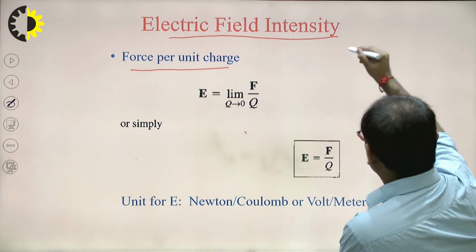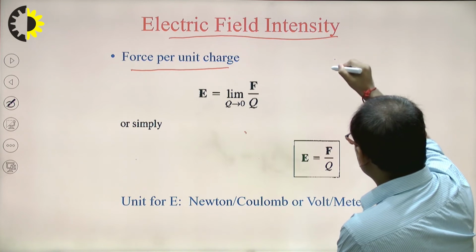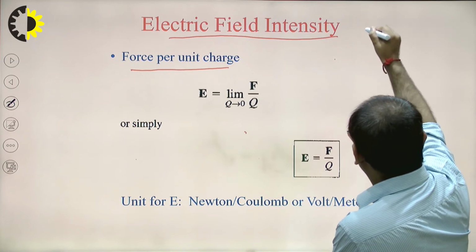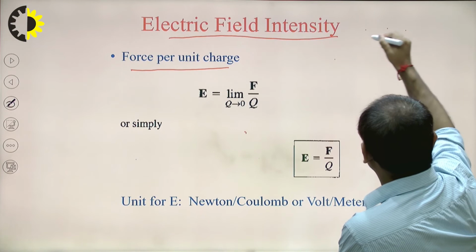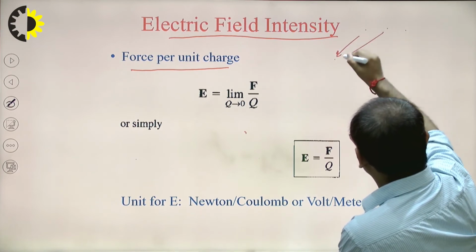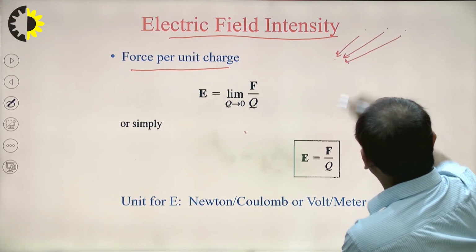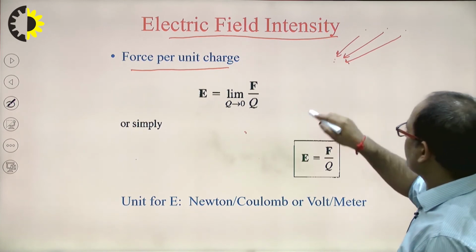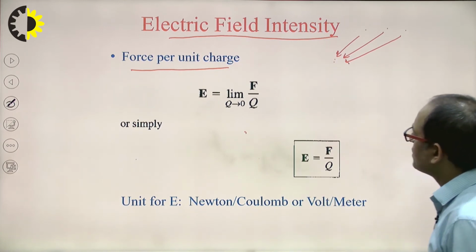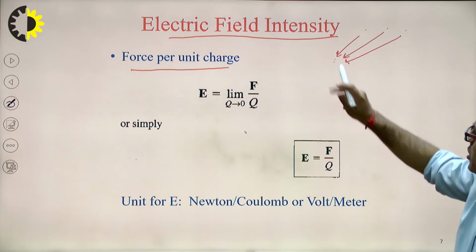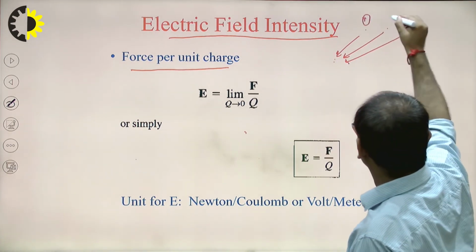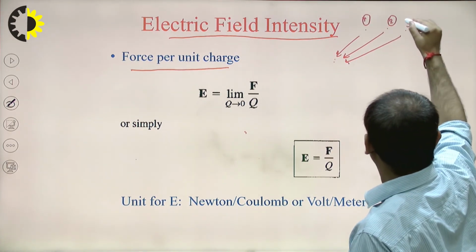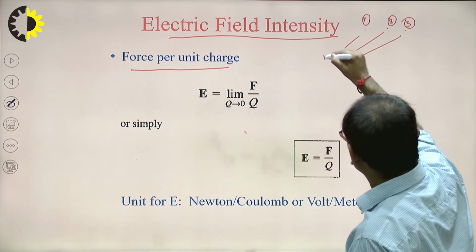Now if I say this is a point charge and these are the charges which are applying some force. So electric field intensity at this point charge will be equal to force per unit charge. If I say this is F1, F2, this is third and this one is fourth.